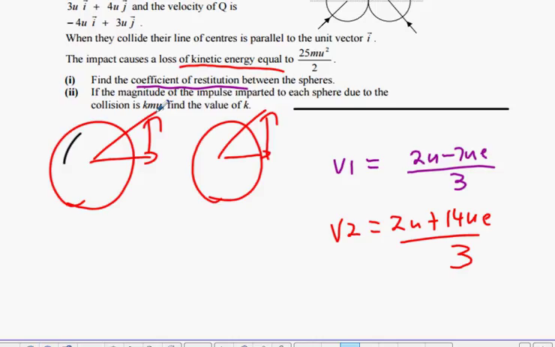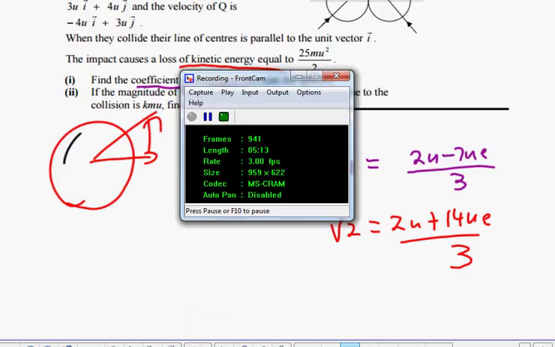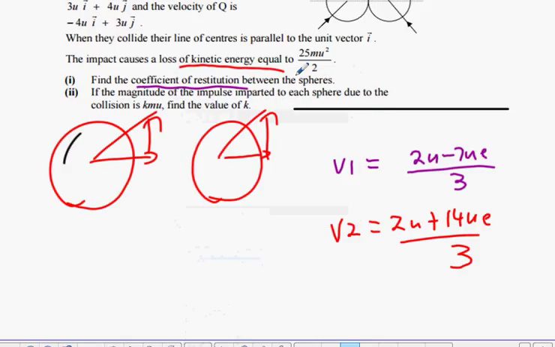The impact causes a loss of kinetic energy equal to 25mu squared over 2. Everybody's agreed that after the collision this is 4u. The v1 component is 2u minus 7ue over 3.